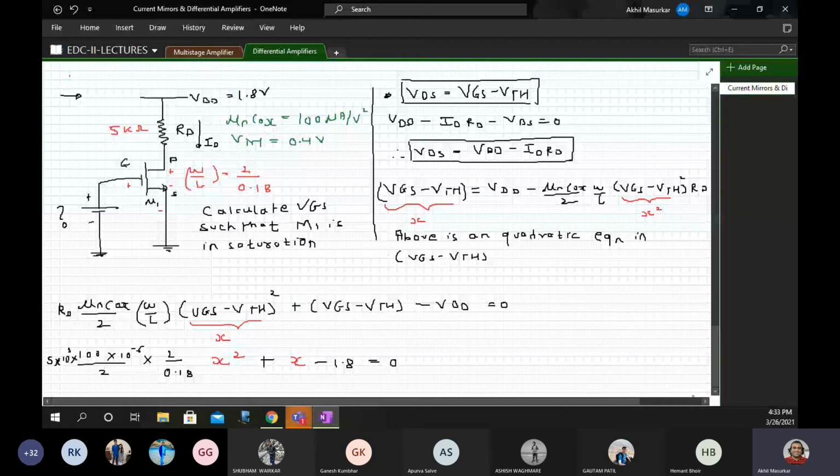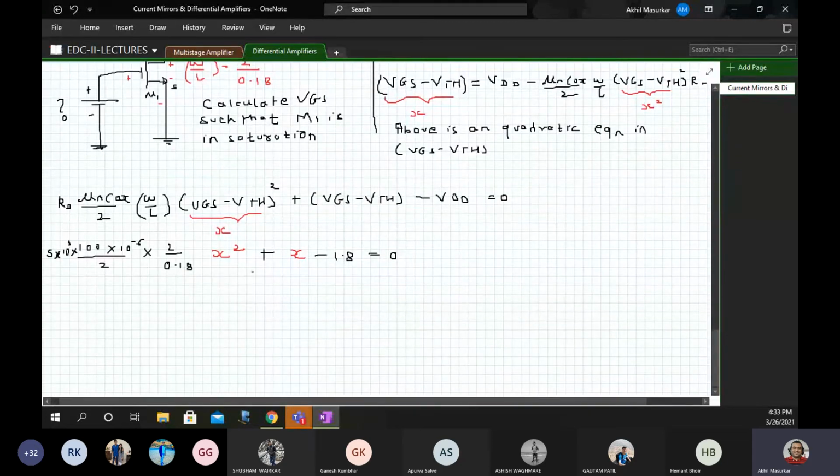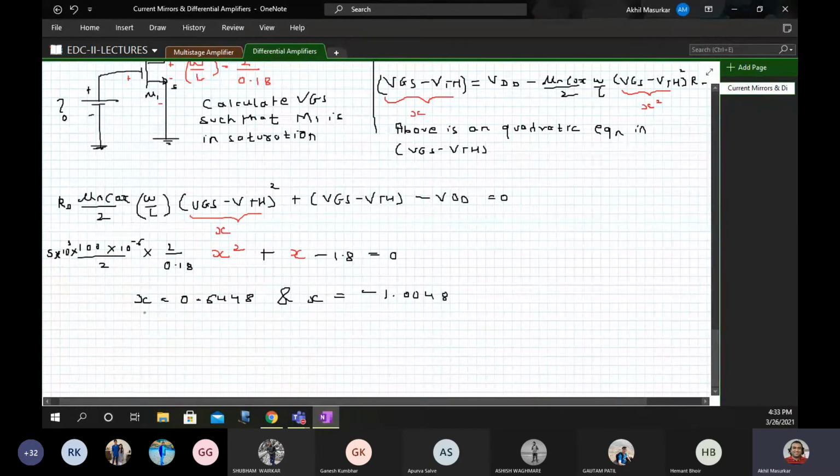Okay, x is 0.6448 and x is minus 1.0048. So now let us calculate for this.